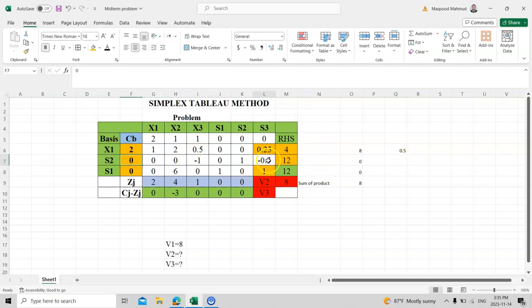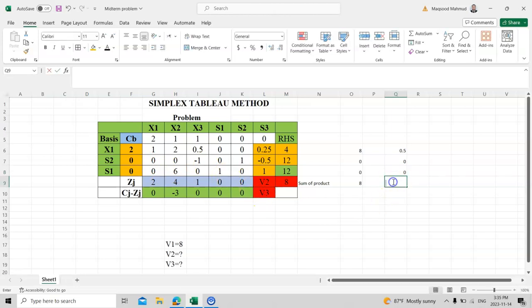Similarly, 0 with this one is 0 multiplied by minus 1 by 2, which is 0. And similarly this multiplied by this one is 0 multiplied by 1, which is also 0.